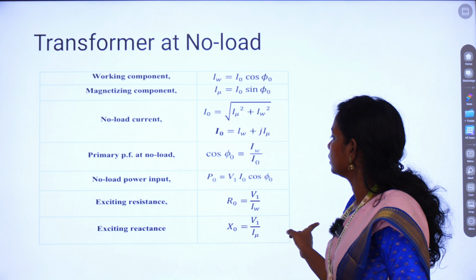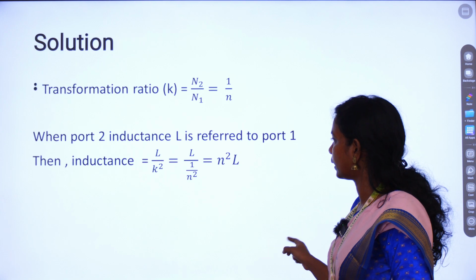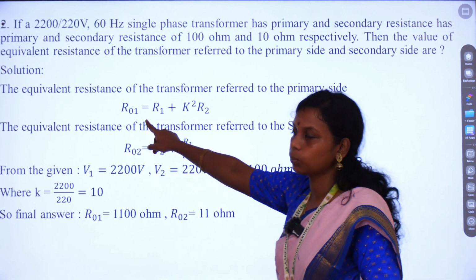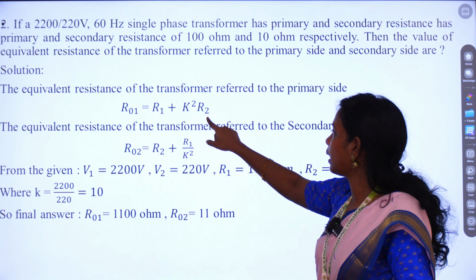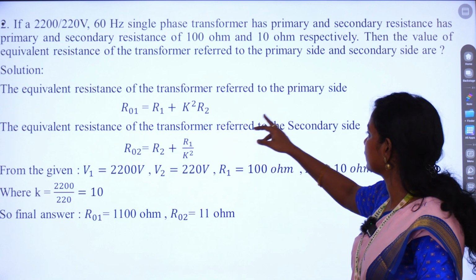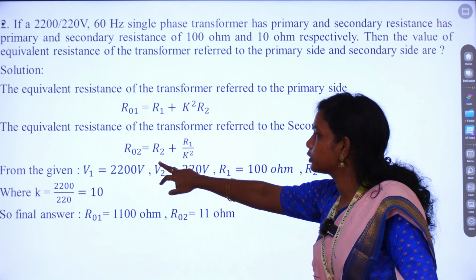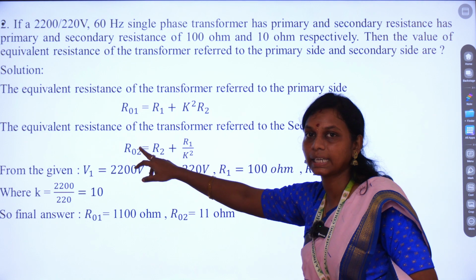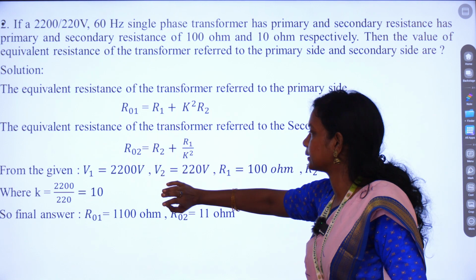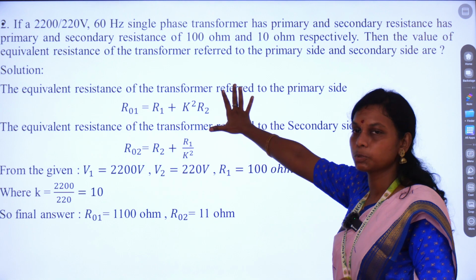So here, referring to the primary side, R01 is equal to R1 plus K square into R2. And while referring to the secondary side, R02 is R2 plus R1 divided by K square. This is with the secondary, and this is with the primary side. So we just have to substitute the values.